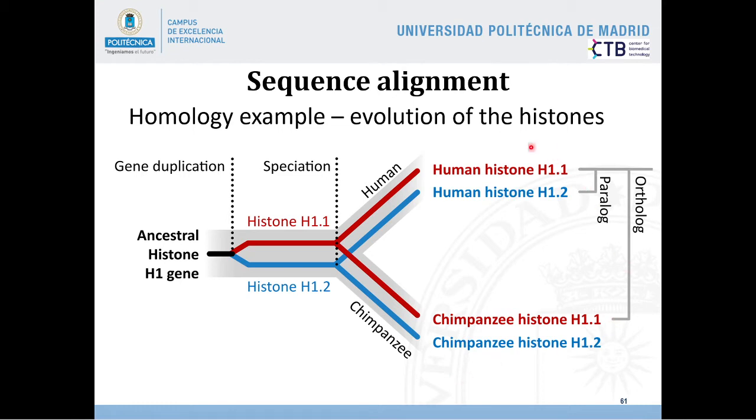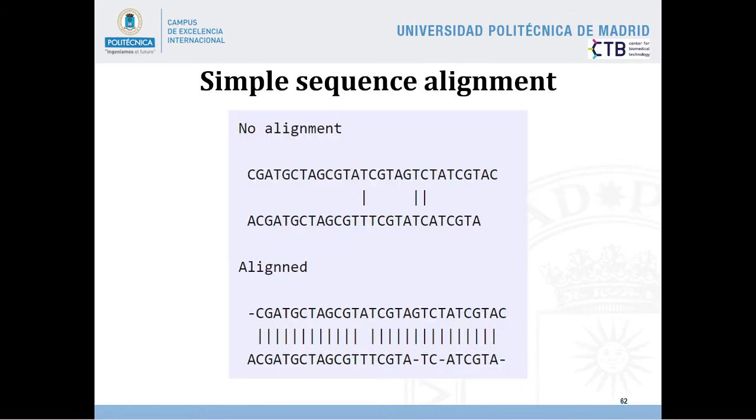Okay, here you can see the ones in the same species are paralogs, and the same gene in different species is called orthologous. Now we are going to start what we want to see today, the alignments.